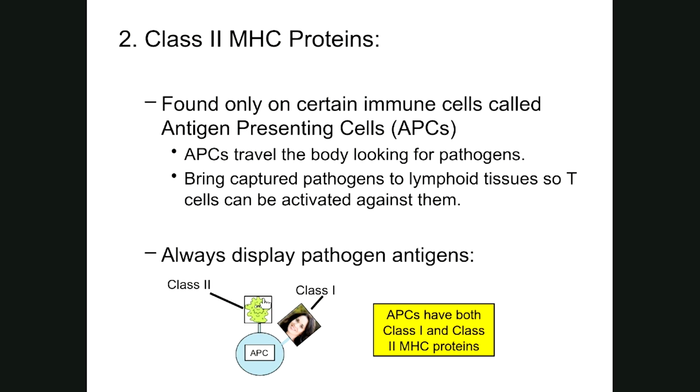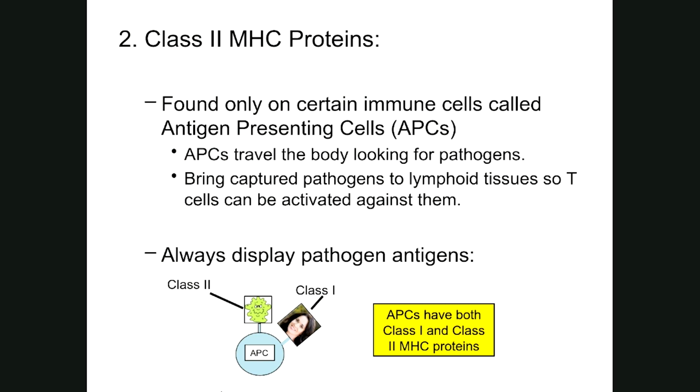The reason for this is when these APCs find something that is harmful, they are going to approach another immune system cell, which is known as a helper T cell. And they are going to show the helper T cell this substance that they found in the body that's harmful. Helper T cells are kind of like the generals.